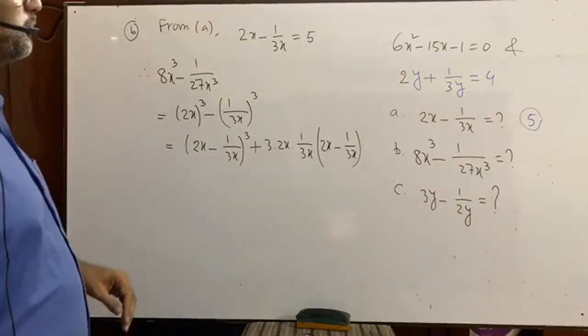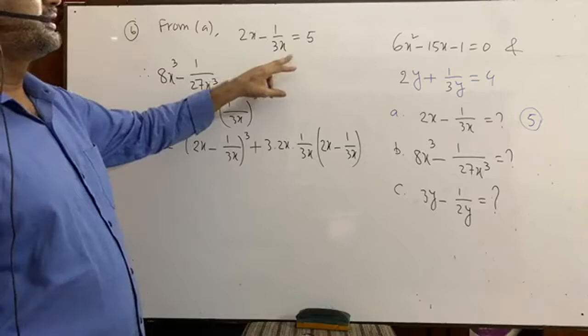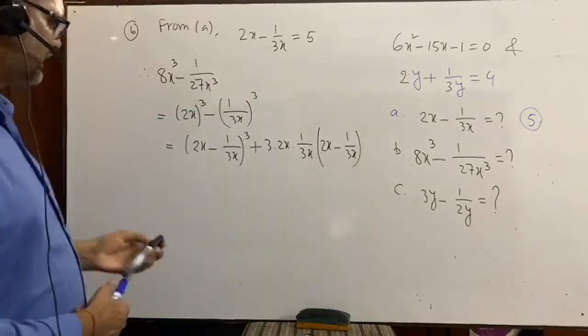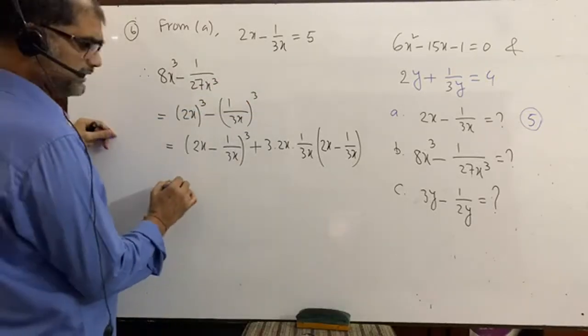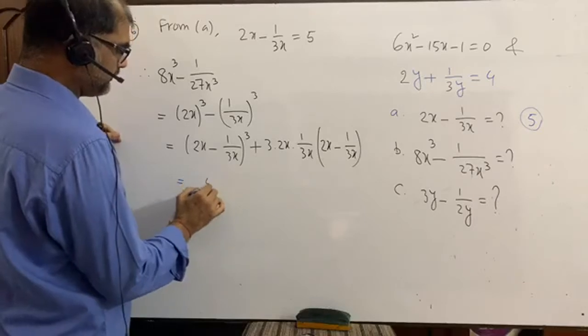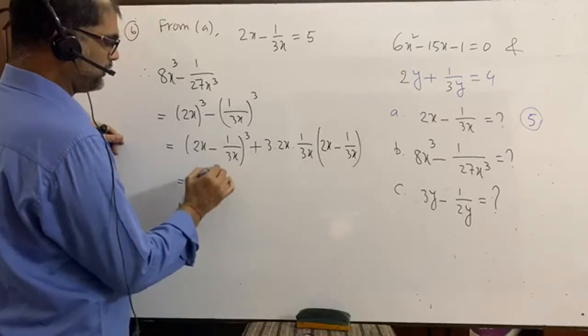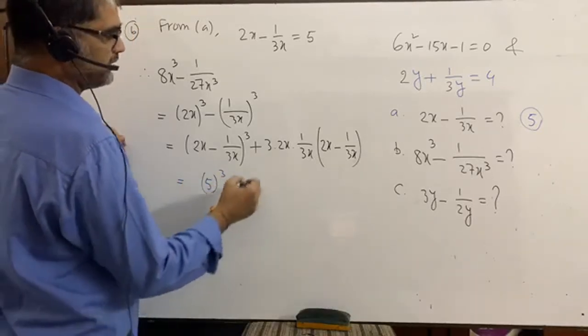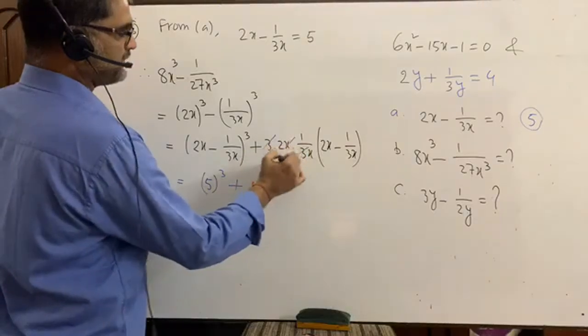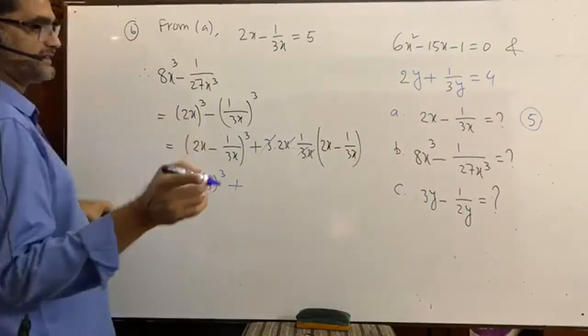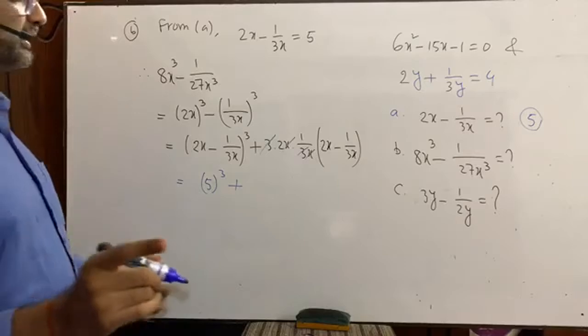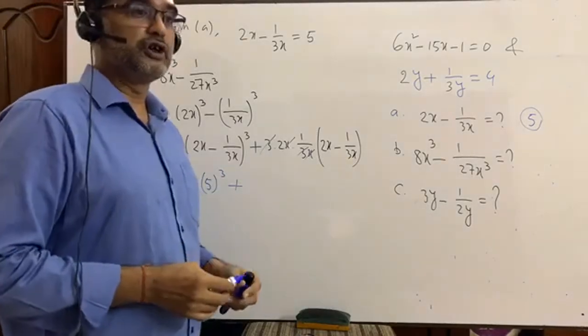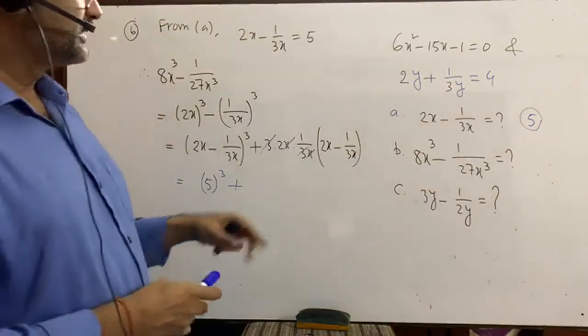Now you can easily put the value of 2x minus 1 by 3x as 5. Now you put the value, it is 5 whole cube plus, you see, 3 omitted, x omitted, right? Though in the exam hall you are not required to cancel like this, it's my strong recommendation not to cancel anything like this.